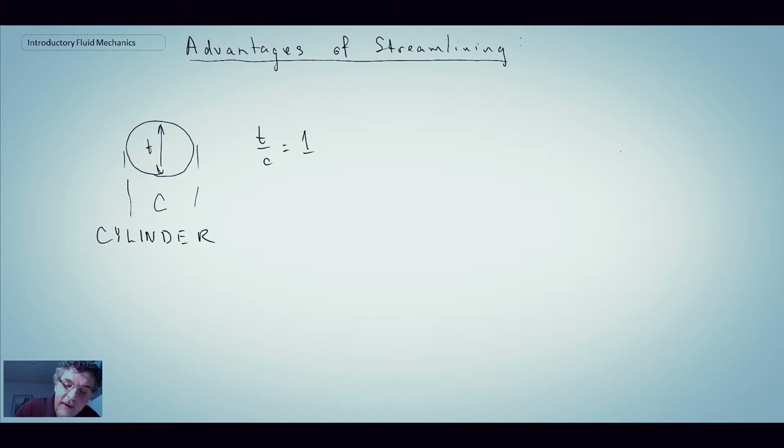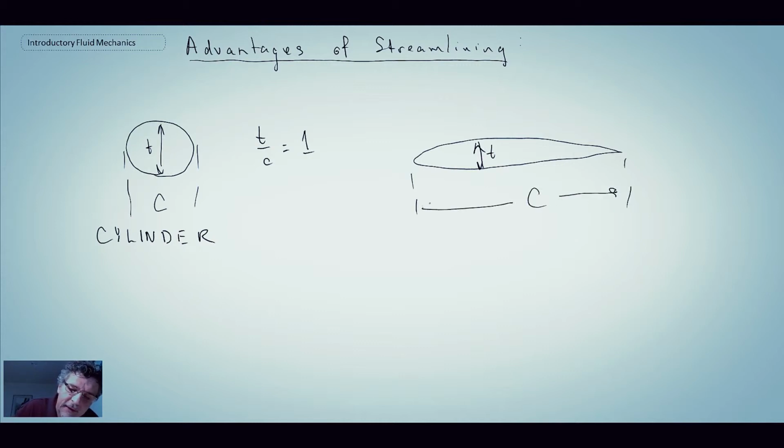And then if we have an airfoil, I'm going to try to draw a symmetric airfoil. That's not perfect. Again, the thickness would be somewhere here. The chord is the length of the airfoil. So let's say this airfoil has a T over C of 0.15. NACA 0015 would be an example of something like that.